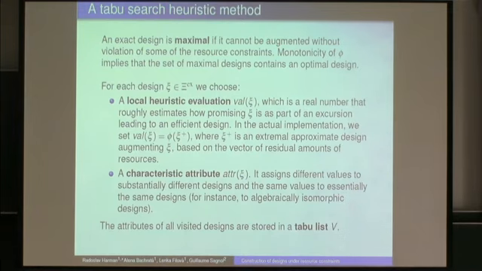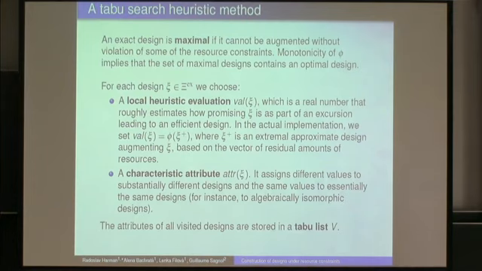Okay? For the algorithm to work, we need first a local heuristic evaluation of each design. So it means what is the quality. It roughly estimates how promising xi is as a part of an excursion leading to an efficient design. Okay, that's somehow a general statement. In the actual implementation, we engineered, after a couple of trials and improvements, one way how to heuristically evaluate these designs.